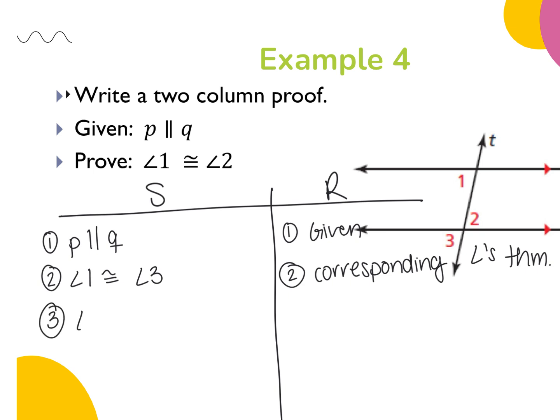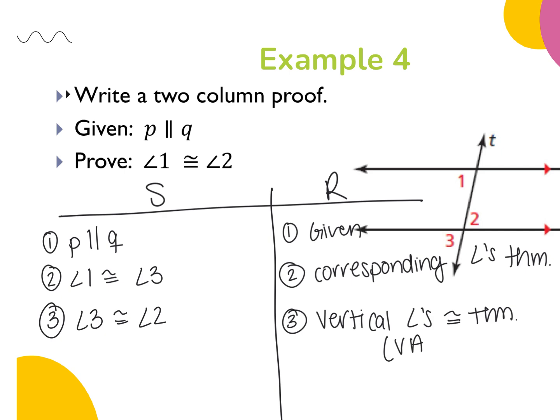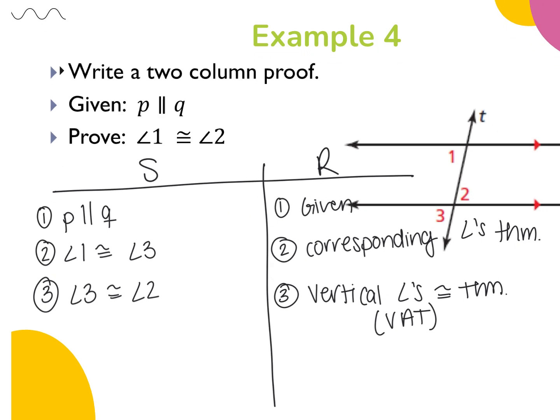Now, angle 3 is congruent to angle 2. How do I know that angle 3 is congruent to angle 2? How are those two congruent? Yes, Laura? Good. So I'm going to use vertical angles congruent theorem. And you could also put VAT, vertical angles theorem.